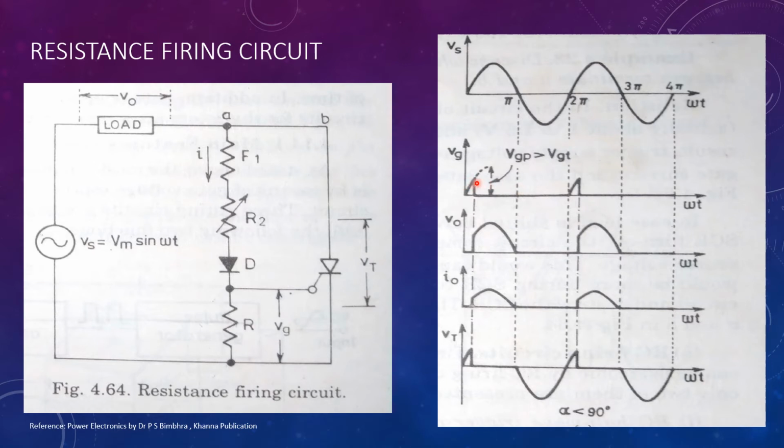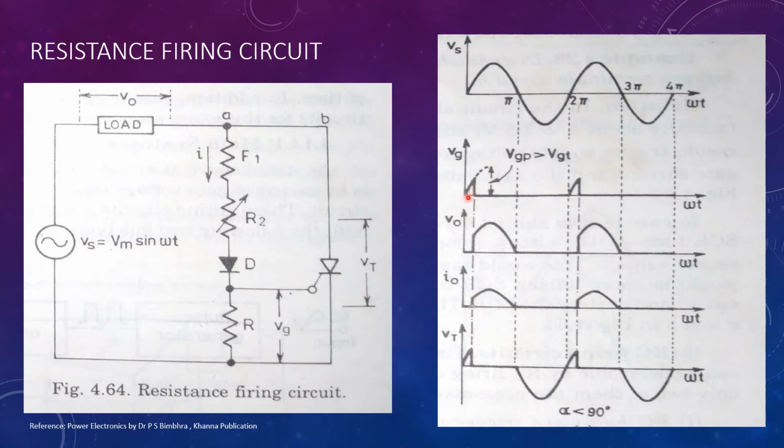Since gate voltage reaches gate trigger voltage before 90 degree, the SCR will turn on at that particular firing angle, which is below 90 degree.